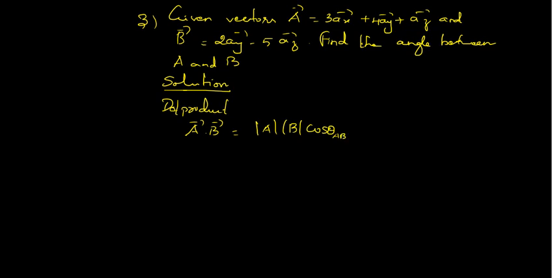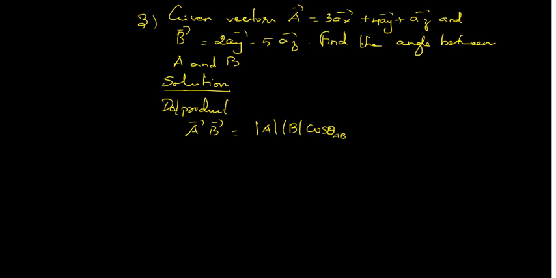Finally what we want to find is the angle. So theta is equal to cos inverse of A dot B vector divided by modulus of A modulus B. So first let us find the A dot B value, then we have to find modulus A and modulus B. Afterwards we can find the remaining.